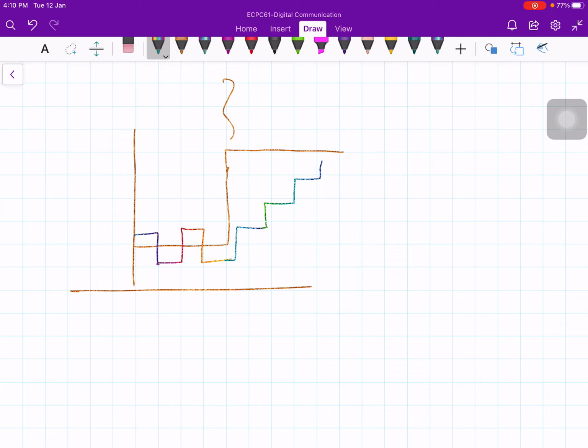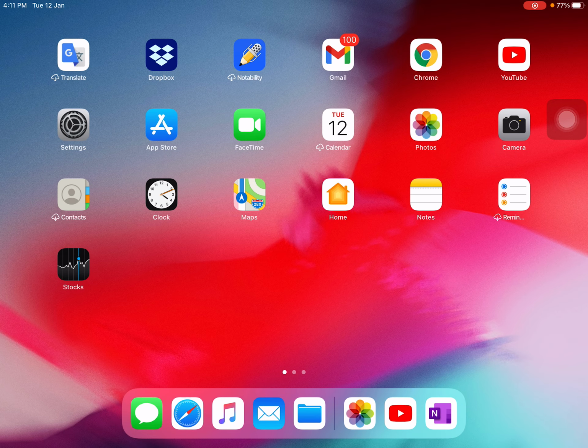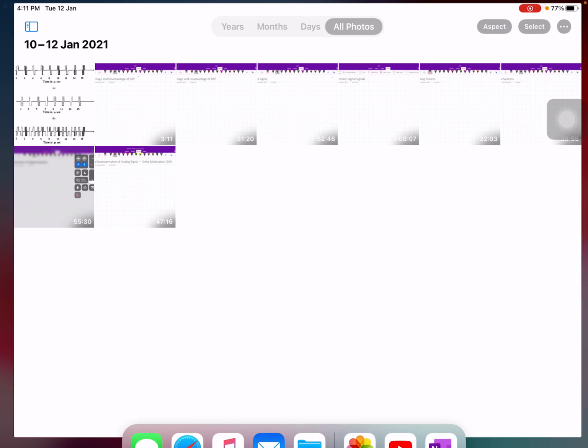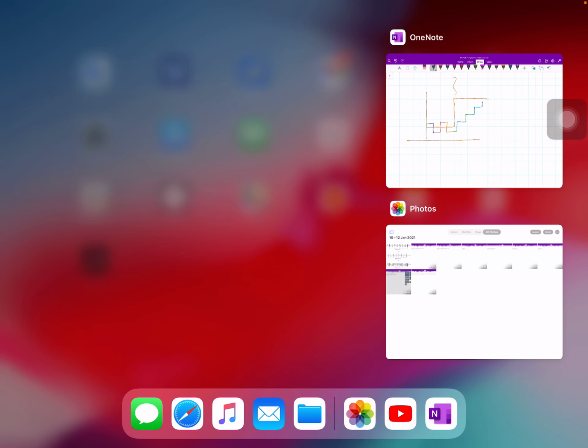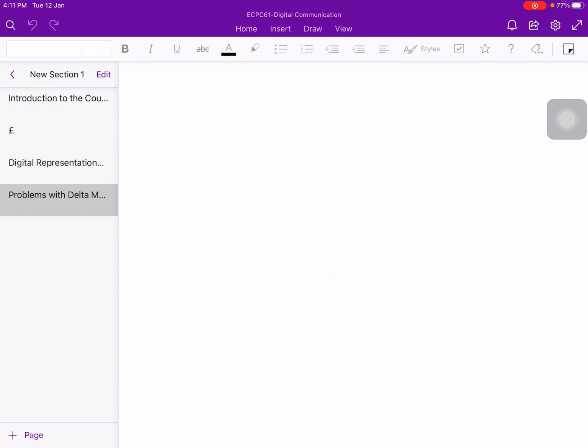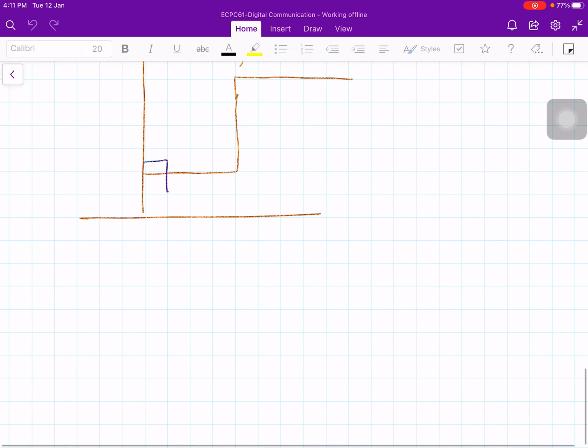Oh my god, I don't know what happened to my pen. Let me stop and continue from this point. Oh, okay, the pen is working, but the app is not working. That's a problem. Let me restart this app. Okay, yeah, now it's working. Yes, thank God.